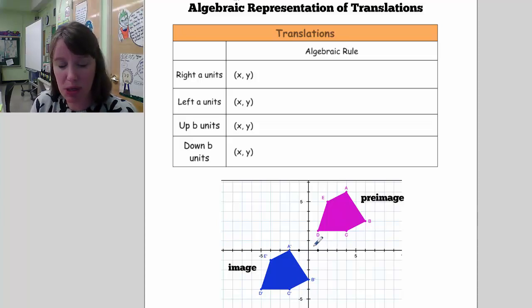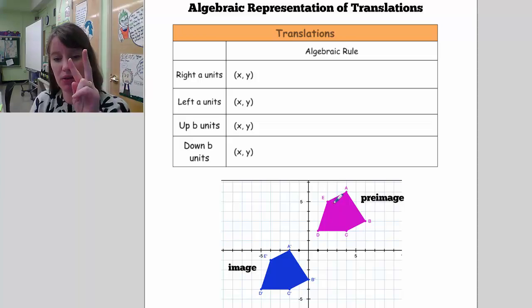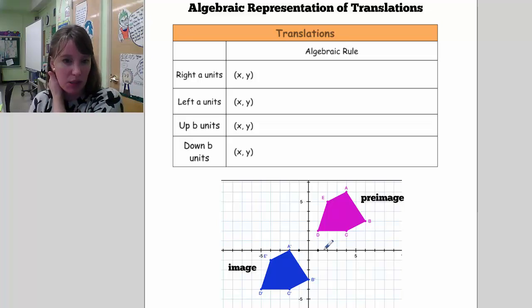The only transformation that we've studied so far that maintains orientation is a translation, right? The A and the E, for instance, haven't been flipped around, and they haven't been rotated. A is up and to the right of E, and A prime is again above and to the right of E in the image. So we know the orientation is remaining the same, so I know it's a translation.